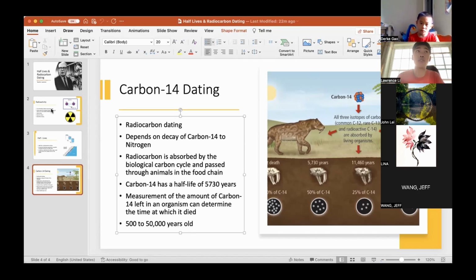Eventually you will get into high school chemistry and you will learn about something called first order and second order and third order reactions. And with second order and third order, the half-life will actually change. But for the basics of carbon-14 and uranium-238, we just go with the fact that the half-life stays constant. Is that okay, Derek?